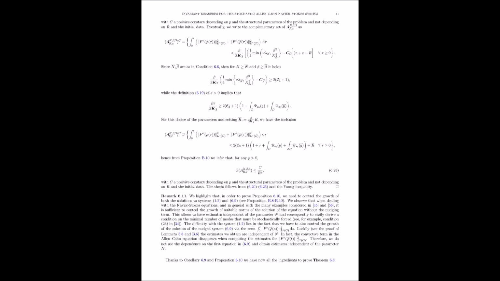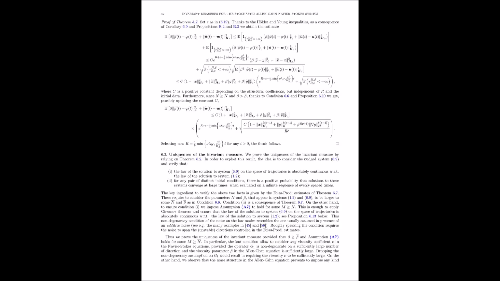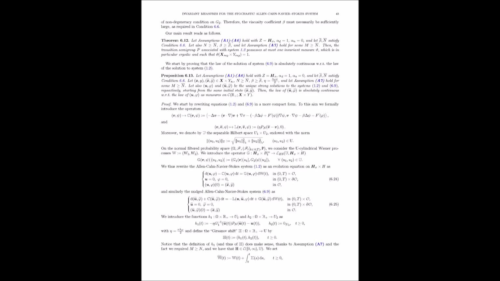Those are great questions. If the noise were multiplicative, it would introduce a whole new level of complexity to the system. The dynamics could be completely different. We might see multiple invariant measures emerge, or maybe the system wouldn't even converge to any stable pattern at all. It's like the noise itself could become this more powerful force, almost like a puppet master, influencing the system's fate in unpredictable ways. Exactly.